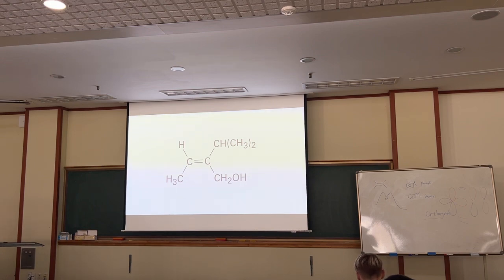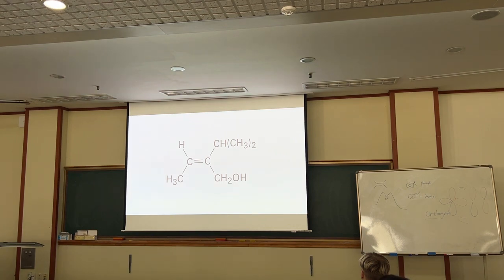Now this molecule. Let's think of the priority. Here, which is higher? Carbon, clear. Between these two, which is higher? The upper one, because this is a carbon, and this is also carbon. If the first atom is the same, then you count the second one, right?